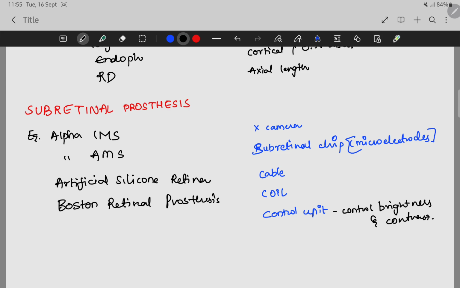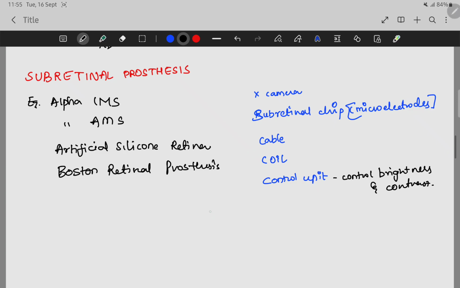Okay, so coming to a video diagram, we have this inside the eye. There is no camera, so the person sees with his own eye.